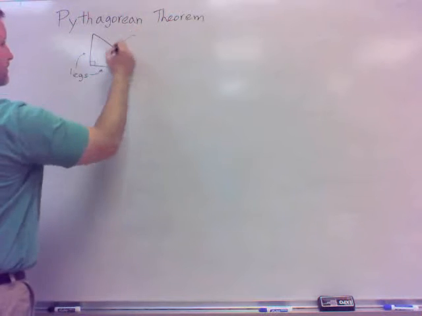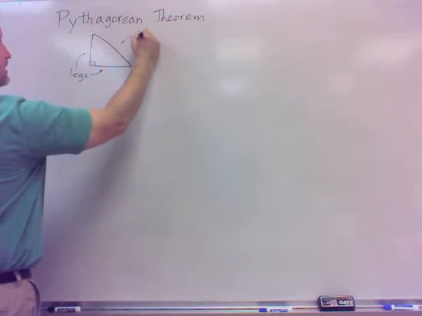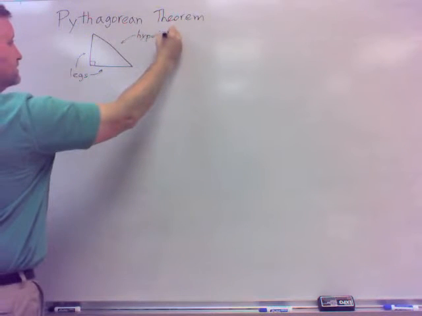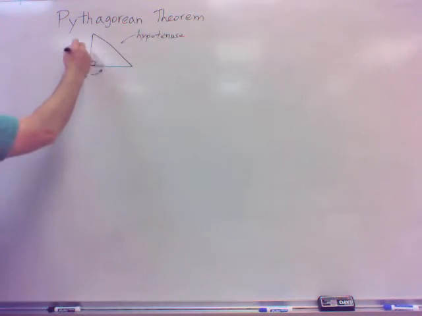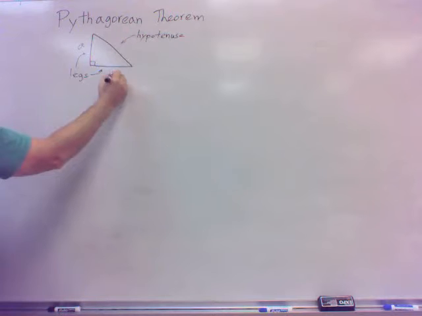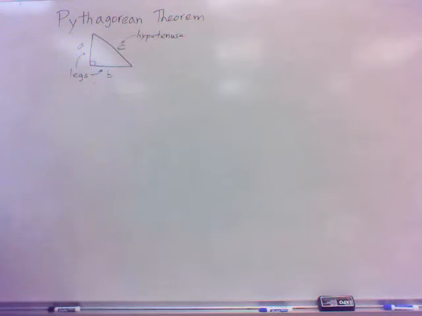And the side opposite the right angle, the longest side, is what we know as the hypotenuse. The legs are typically denoted A and B, and the hypotenuse is denoted as C. So that sets up what we know as the Pythagorean Theorem.